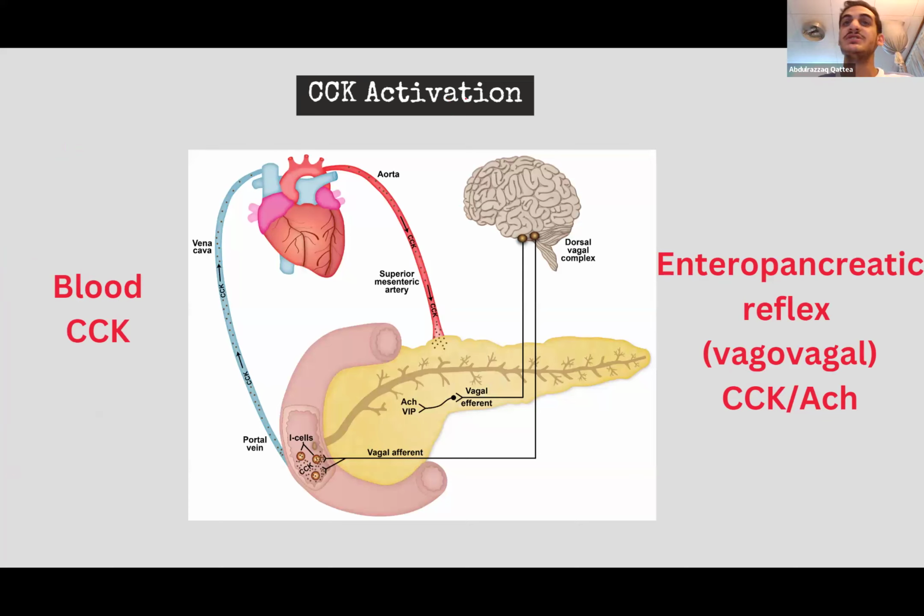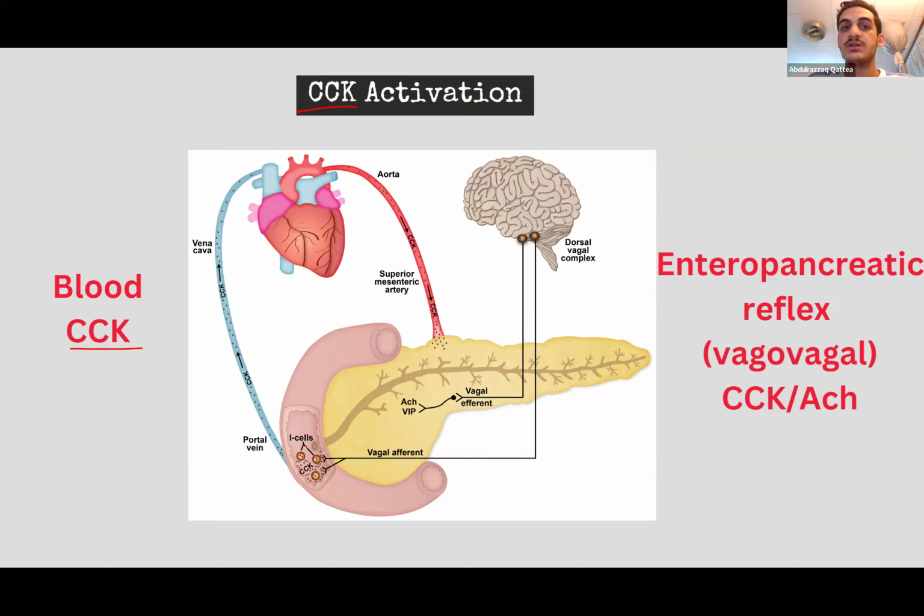How does the CCK go to the pancreas and tell the pancreas, here is a CCK, yalla, release some enzymes? CCK has two pathways, and it's important to know them. Doctor might ask about one of them, okay? The first one is the blood.